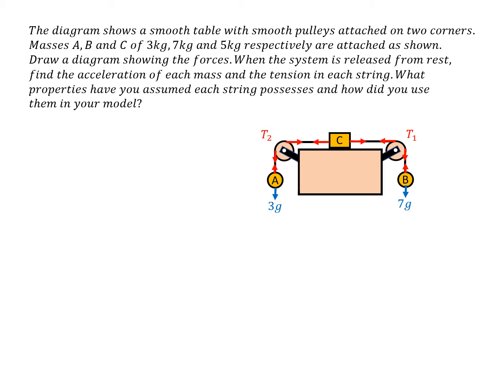Now I have got the force of gravity on C, and I've got a reaction from the table as well. I could draw those forces on, but to be honest, they're not going to affect the acceleration of C, because C is accelerating in that direction. Let's look at the accelerations now.